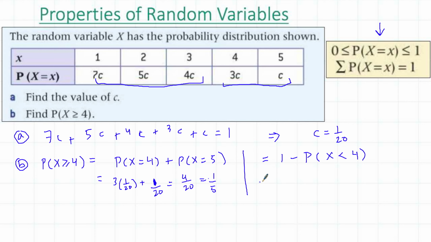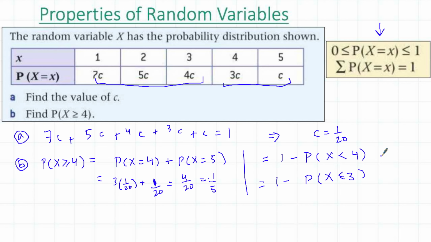Now, strictly less than 4 is the same thing as saying the probability of being less than or equal to 3. This is a very important point, and notation-wise, I'm just using it in this example. We don't need it in this example specifically, but there are some probability questions that will rely on you understanding that these two are equivalent. X strictly less than 4 is the same thing as less than or equal to 3.